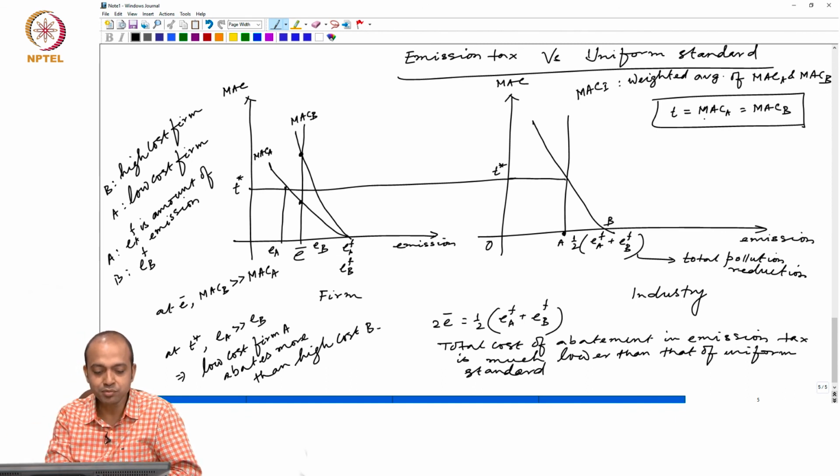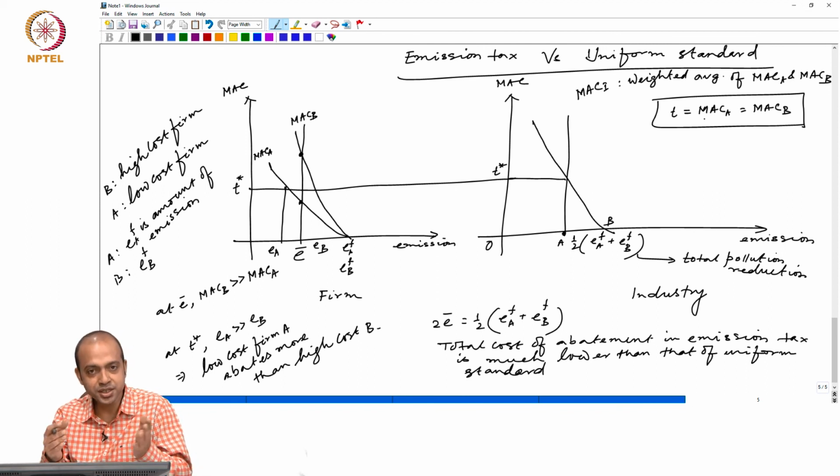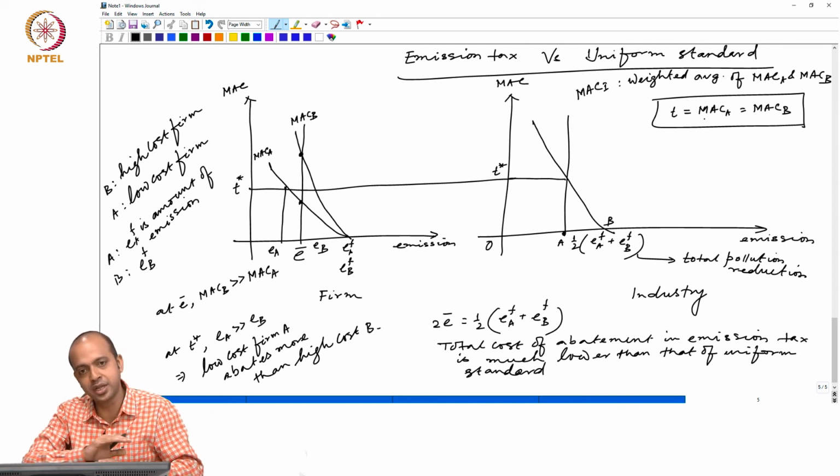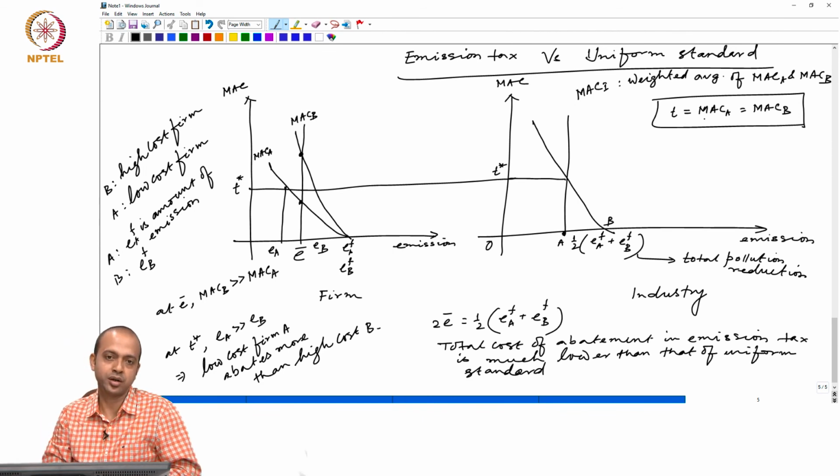But in uniform standard, that is not the case. I am asking everybody, irrespective of their cost of abatement, that you should reduce the same amount. That is why uniform standard is not efficient as compared to emission tax. Okay. Emission tax achieves the same amount of pollution control at a much lower cost compared to the uniform standard.